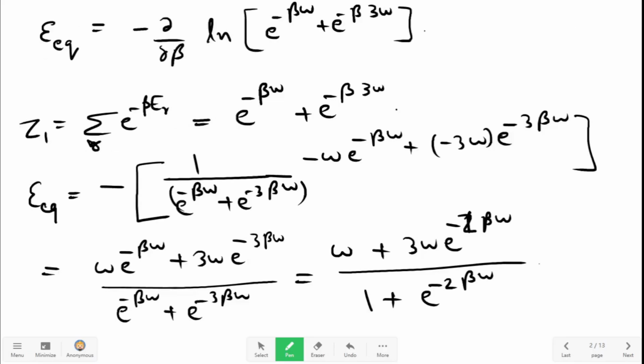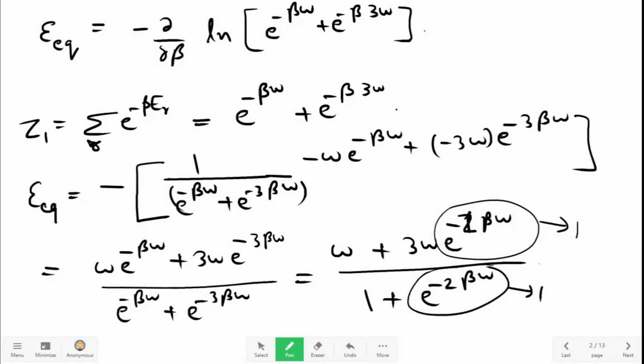Therefore, when beta tends to 0, e raised to minus 2 beta omega will tend to 1, and the denominator term also tends to 1.